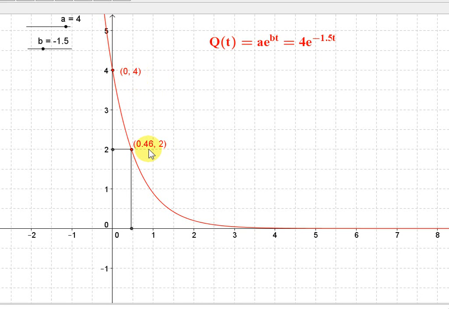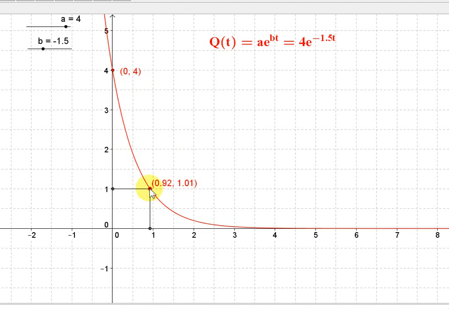Now, it's a fact that the same time will be needed to halve the quantity further. So to go from 2 down to 1, the same amount of time is required. So I just move this point down so that we bring it down to 1. Well, that's as close as I can get. So we get 0.92, which is about 2 times 0.46.